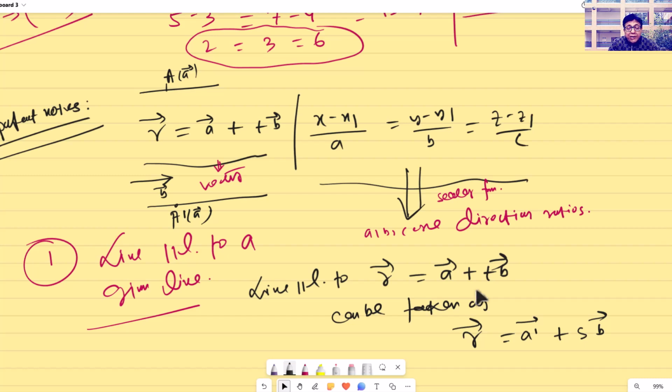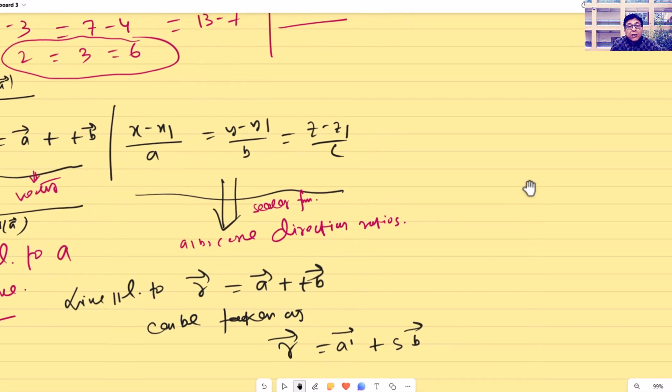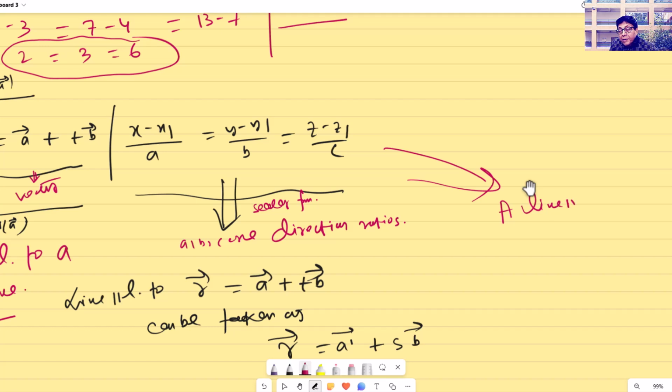Scalarly, how to write a line parallel to this line? A line parallel to this one in scalar form can be written as, which part will remain the same? Same concept, vector or scalar, whatever you think, that a, b, c will remain the same.